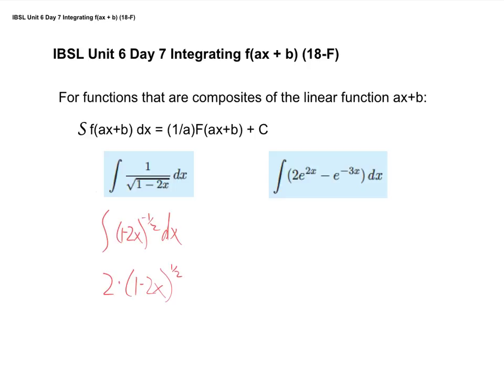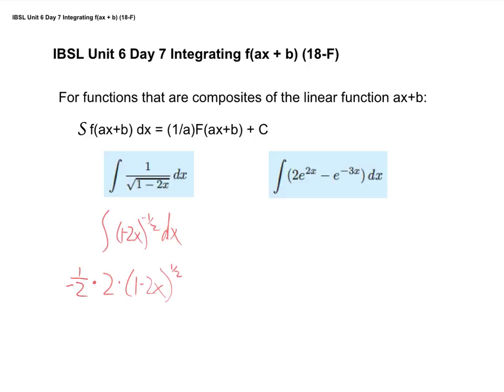But according to our rule, because this is a composite function, and because the inside function is linear, we're going to take the derivative of that inner function. What is our derivative of the inner function here? Negative 2. And we're going to multiply by 1 over that negative 2. So it's 1 over negative 2 times all of that.